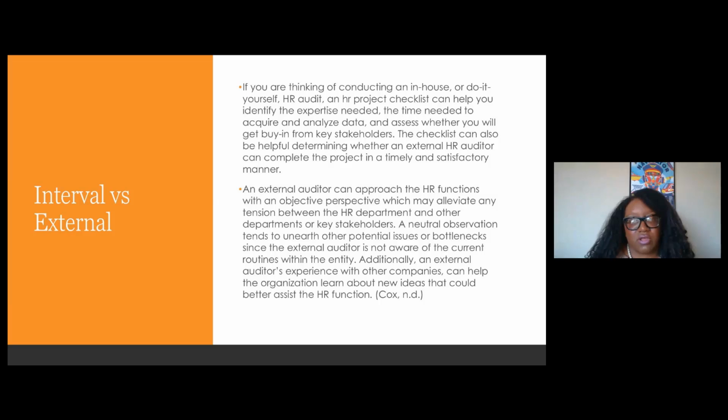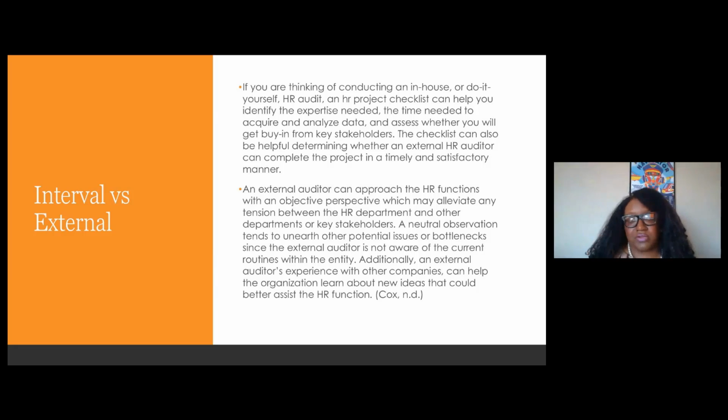The checklist can also be helpful in determining whether an external HR auditor needs to be there or not. And then also put in deadlines and scheduling. If you don't have scheduling, you probably have what we call waste, which is time and money that haven't actually led to impact or change. You don't want to end up with a lot of waste in your efforts.